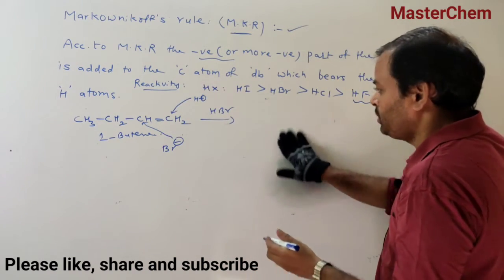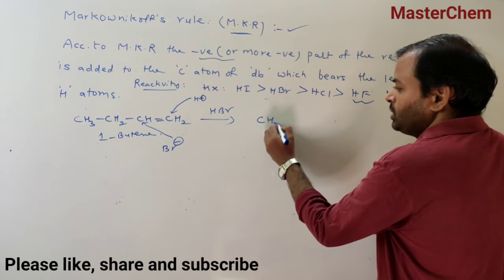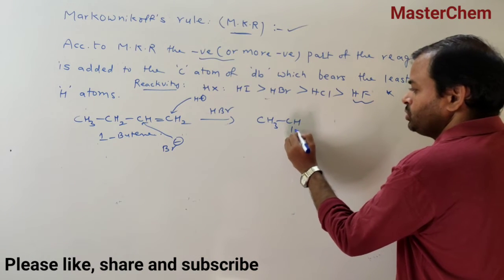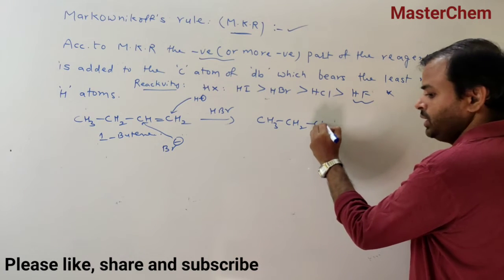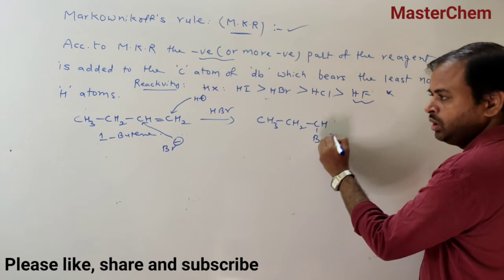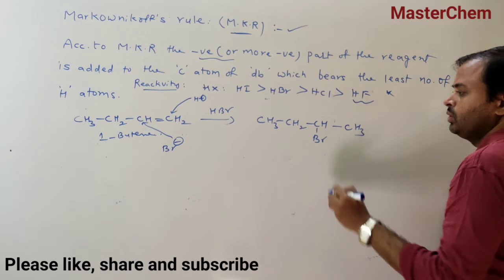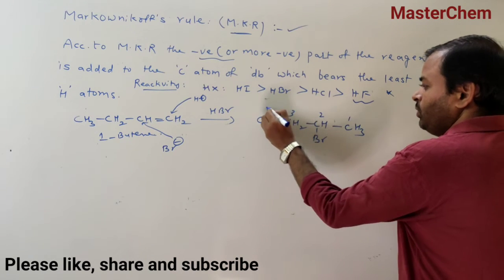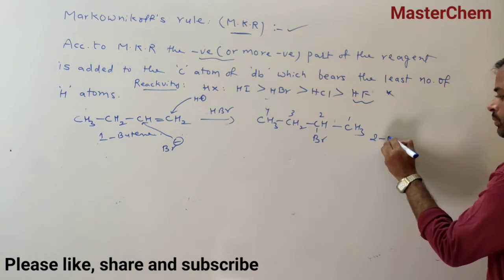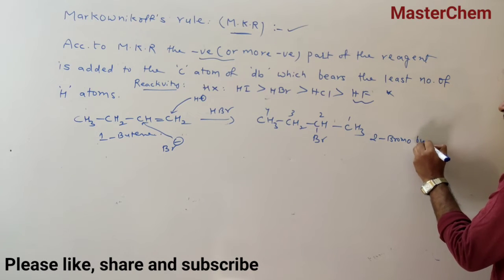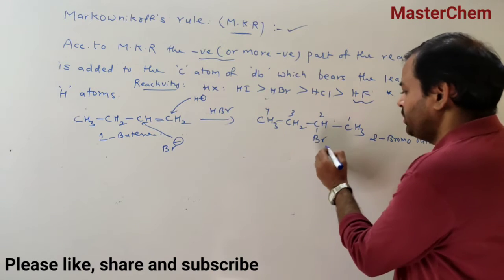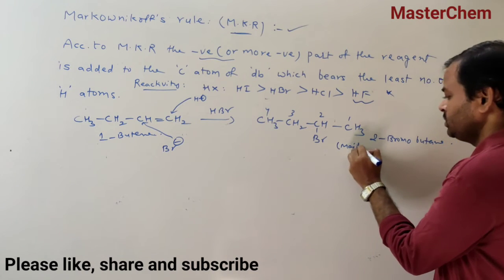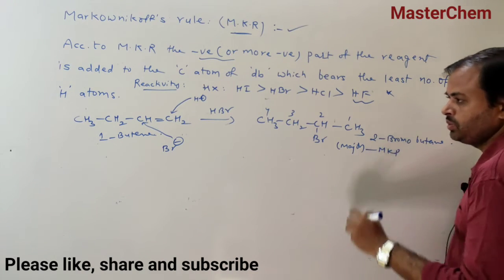So this is the major product: CH3, CHBr, CH2, CH3, that is 2-bromobutane. This is the major product, called Markovnikov's product.